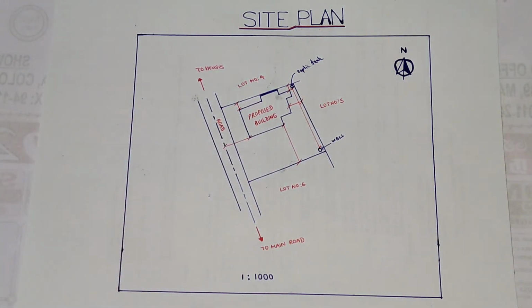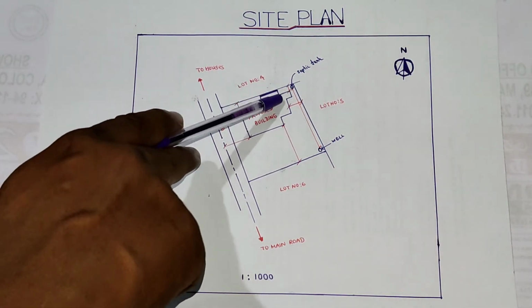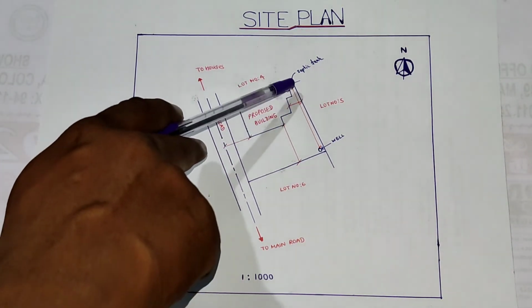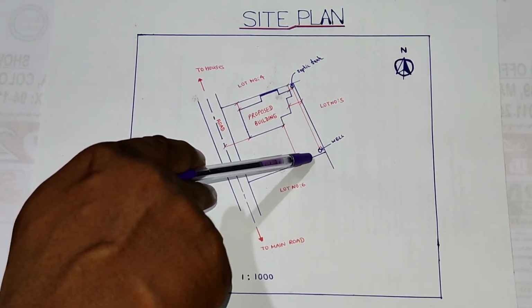Okay, and when we consider house plans, we normally add a site plan layout in the house plan as well. There's also a septic tank for the proposed building, and a well as well.